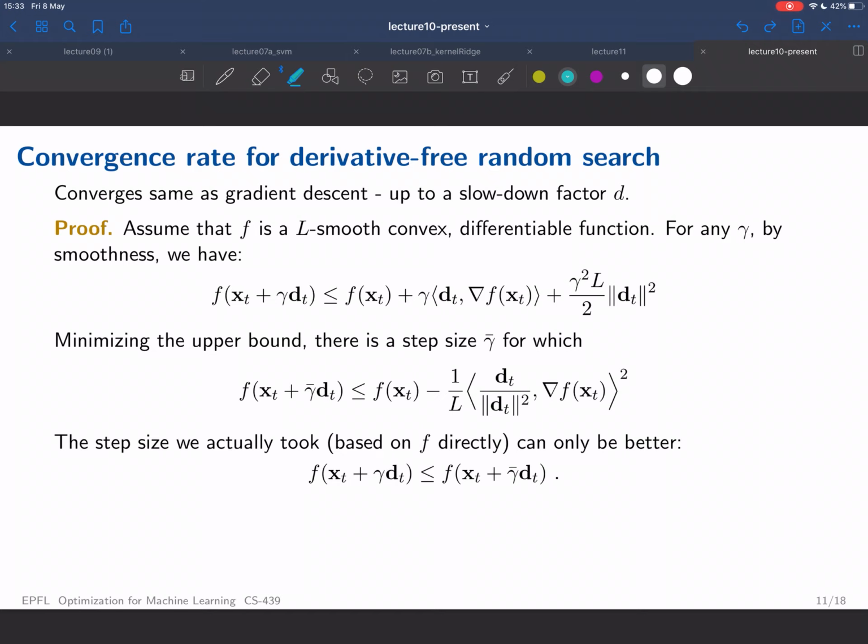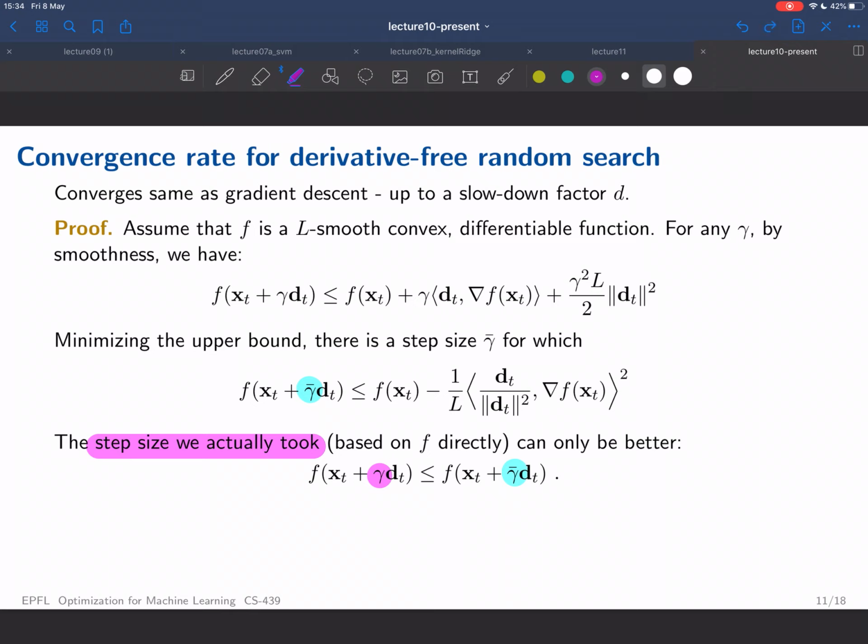Why? The one from gamma bar gives this strict improvement, which is nice. The one I actually took is gamma, the step size we actually took. That one is better because we have chosen it to minimize f itself. So that's why you have this inequality.